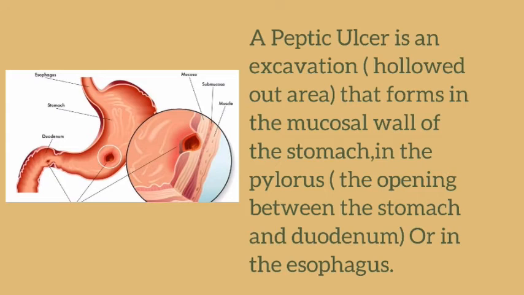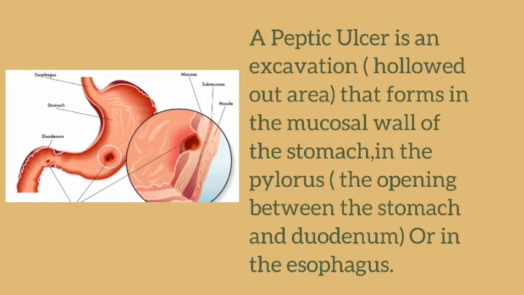A peptic ulcer is an excavation that forms in the mucosal wall of the stomach, in the pylorus, or in the esophagus. Excavation is nothing but a hollowed out area, and that excavation takes place in the mucosal area of the stomach. You can see in the picture how the excavations take place in the stomach wall and in the pylorus.